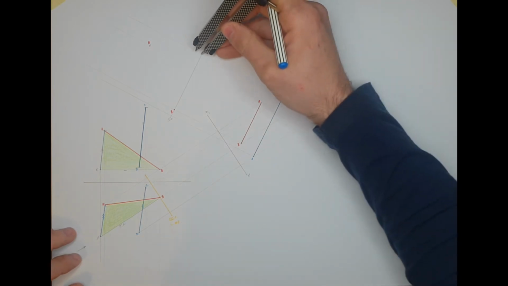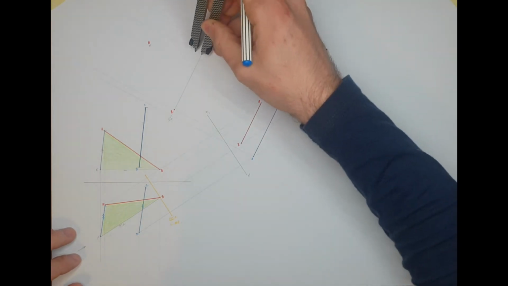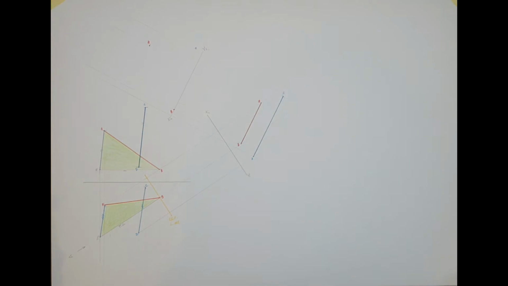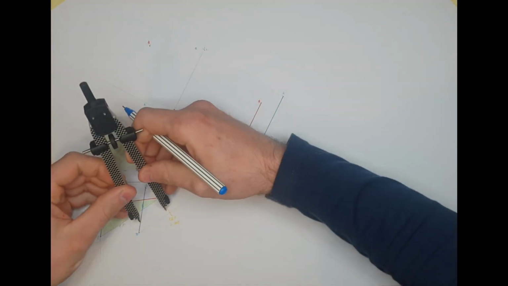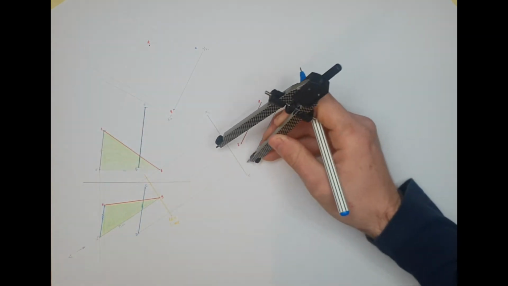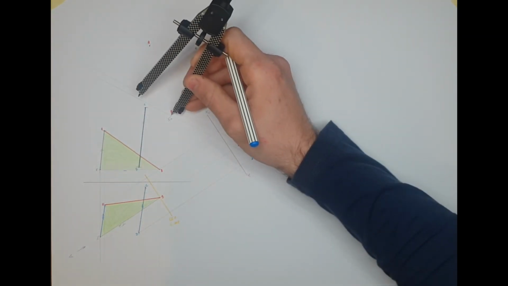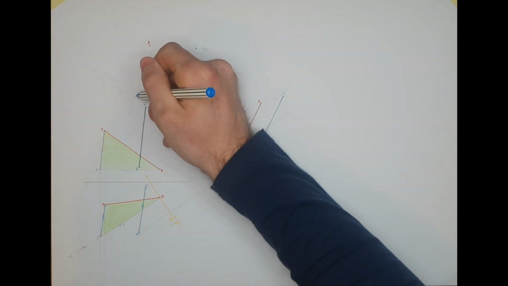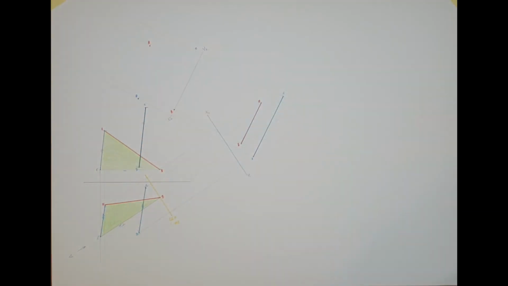From C is here. Point D from my reference line up to D, from D up. Now I'm close to the elevation there, and I'm going to make sure we don't make any foolish mistakes like joining it onto the elevation or anything.